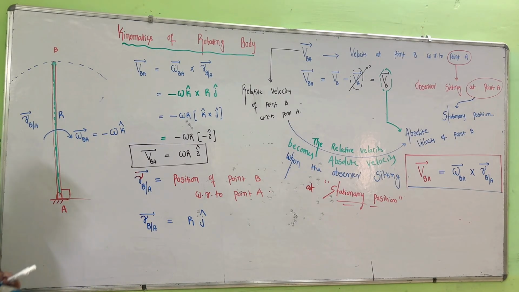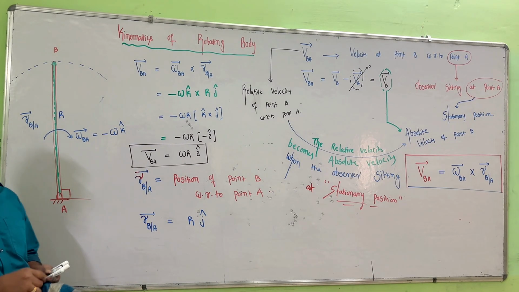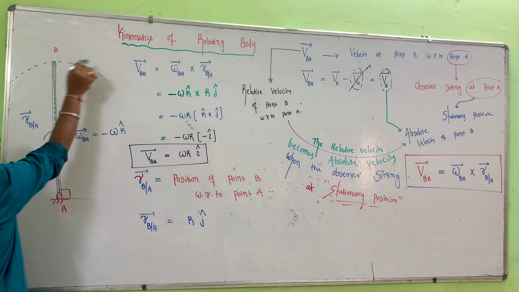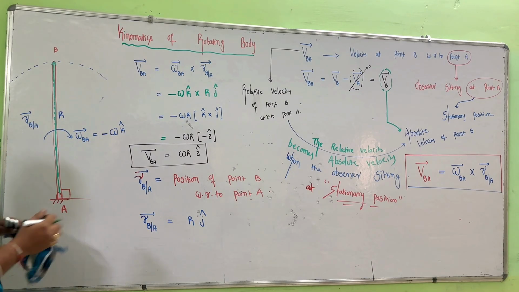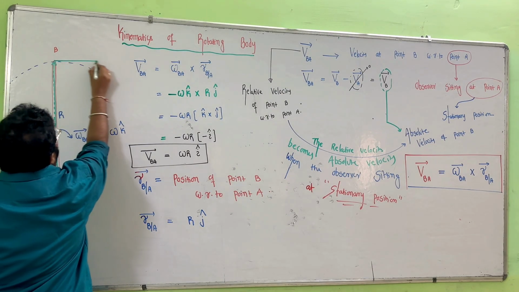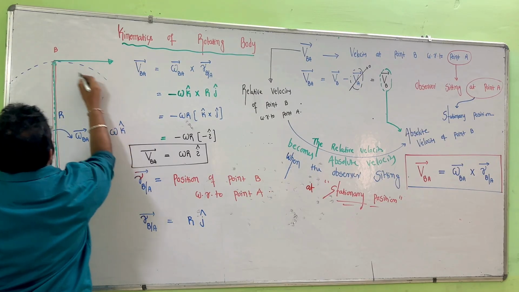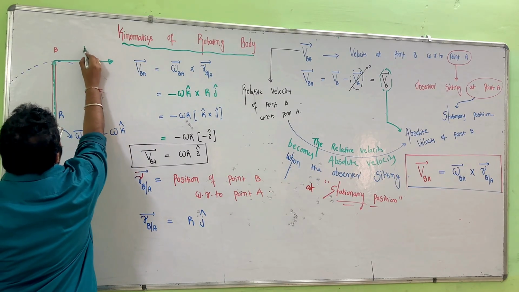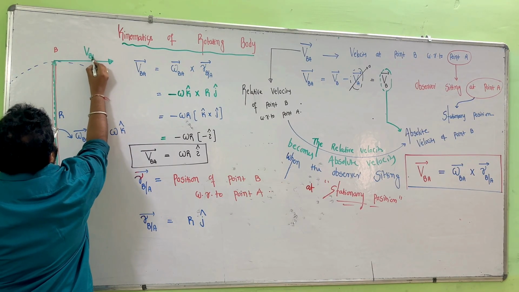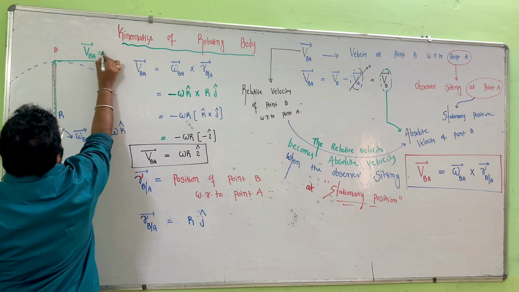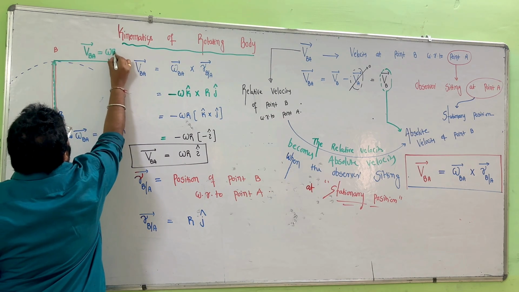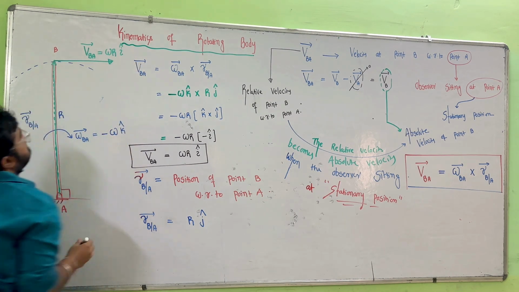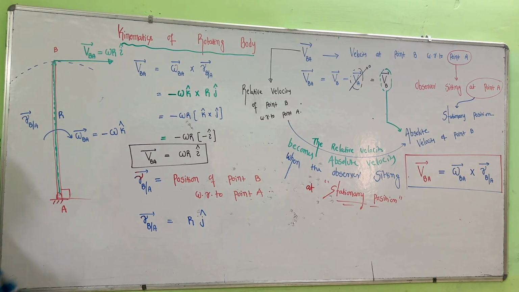So we already know the sign convention. Okay? So in the same sense of omega and tangential to the rotation of the rigid body. This is omega R, along which direction? I cap direction.